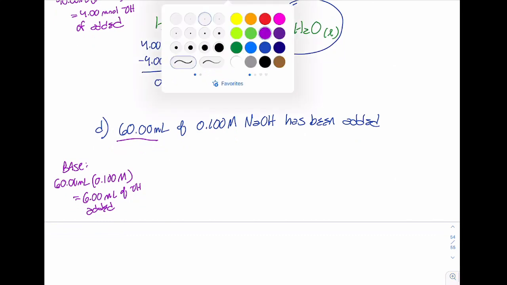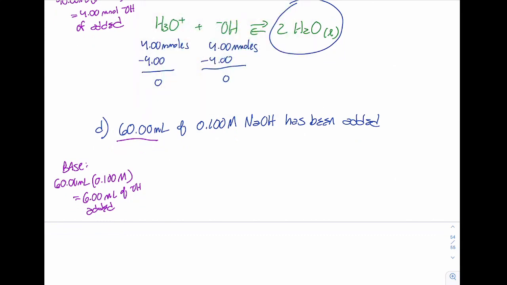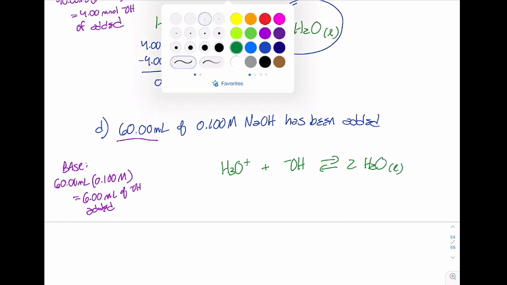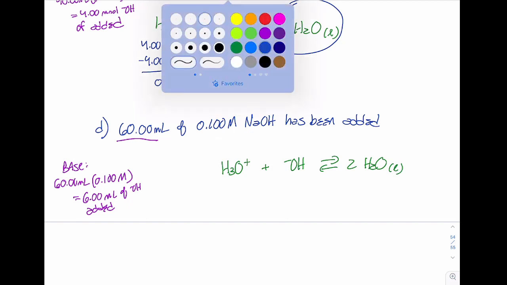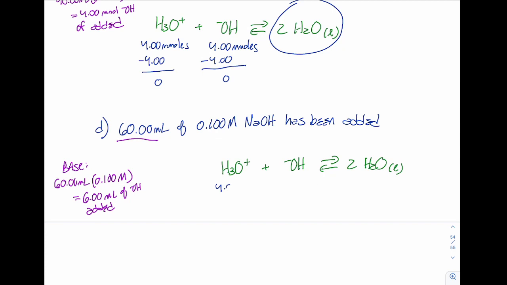So writing my neutralization reaction, my acid plus my base, going to 2 water, and then my original number of millimoles, this was 4. This time I've added 6 millimoles of base.